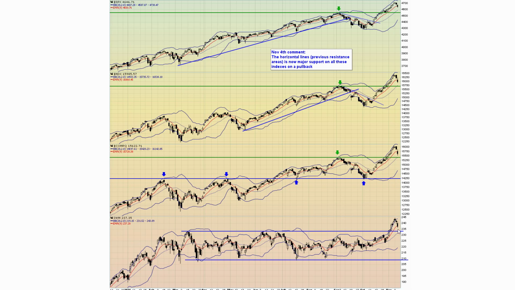We didn't quite tag that area, but we got pretty close. Doesn't mean the market can't go below that, but that's a logical bounce area at least. So we'll see if we get that or not.